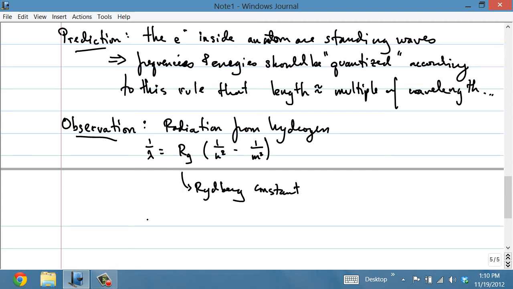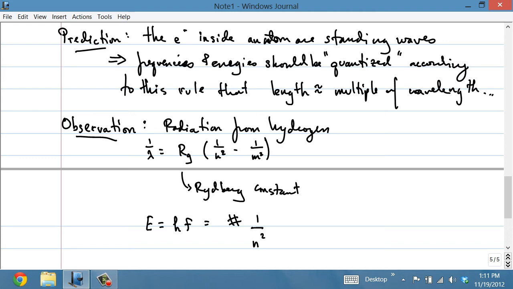So that one would predict that the energy levels, for example, of an electron in a hydrogen atom should be quantized. In particular, the energy is proportional to the frequency or the inverse wavelength. So the energy levels should be proportional to 1 over n squared, where n is some integer.